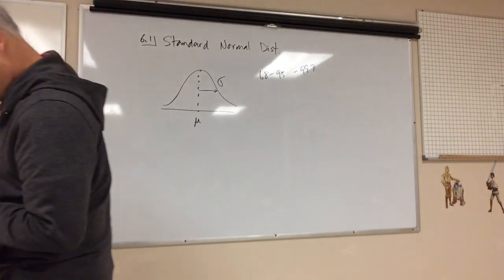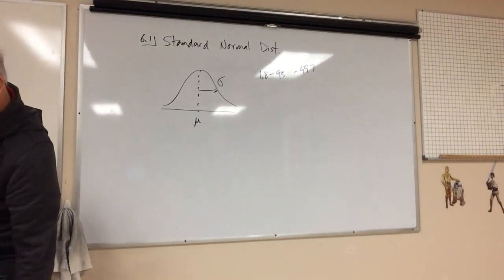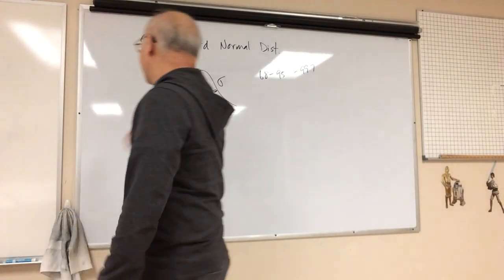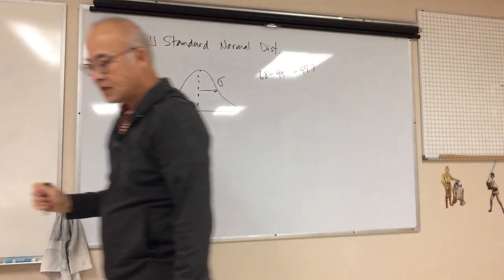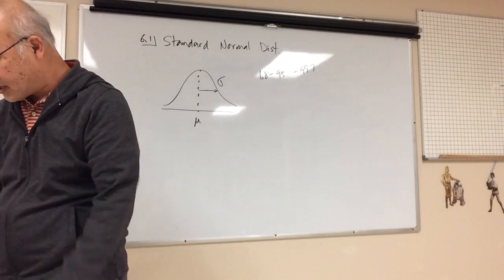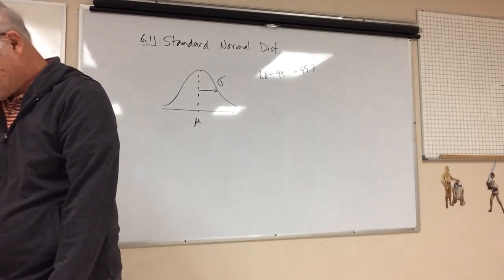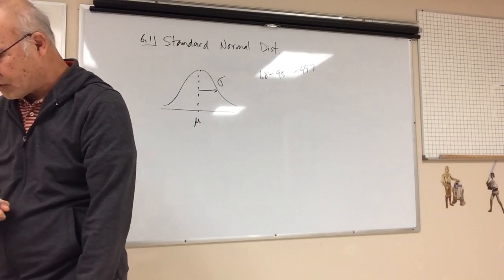Let's read that. If a continuous random variable has a distribution with a graph that is symmetric and bell-shaped, as in figure 6-1, it can be described by an equation using the formula in 6.1, and we say that it's a normal distribution.